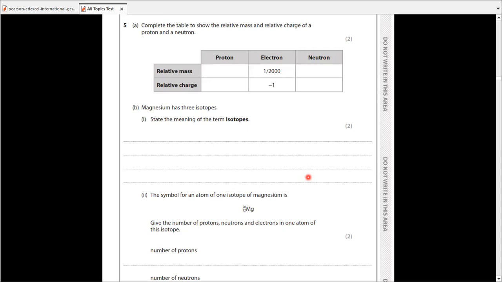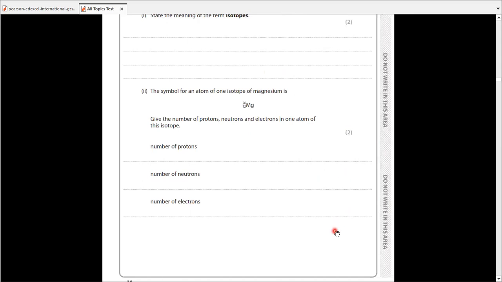Now, the next part: the symbol of an atom of one isotope of magnesium is given. Give the number of protons, neutrons, and electrons in one atom of the isotope. Protons, we can see it's 12, and then neutrons is just subtract that, so 26 minus 12 is 14.